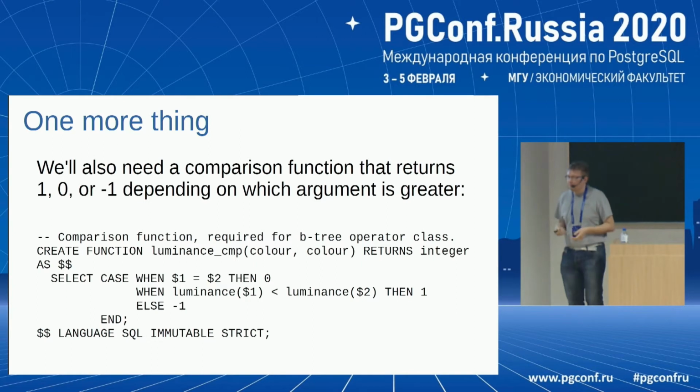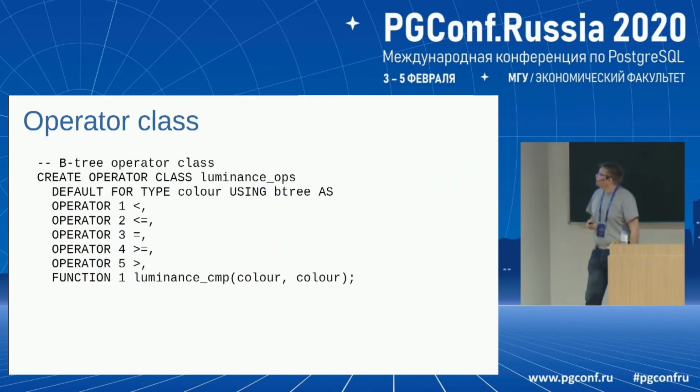Obviously, Postgres could do this just by calling the less than or greater than functions that we had to define anyway, but for performance reasons, it expects that you create one of these comparison functions to do it for you. We're not too worried about performance right now, so I'm just going to implement it in SQL by calling the less than operator. So now we're ready to do ordering.